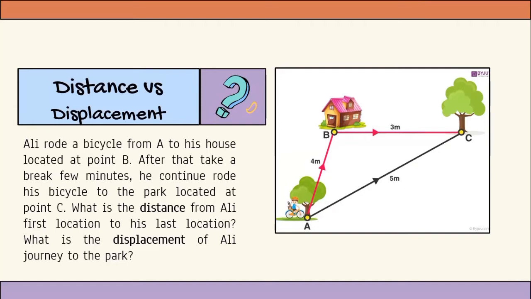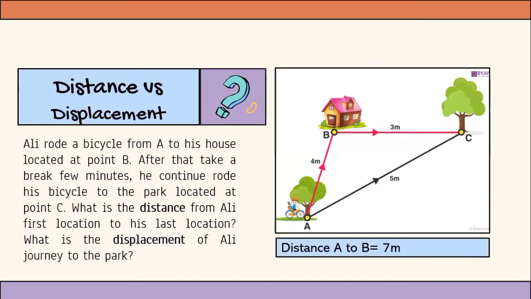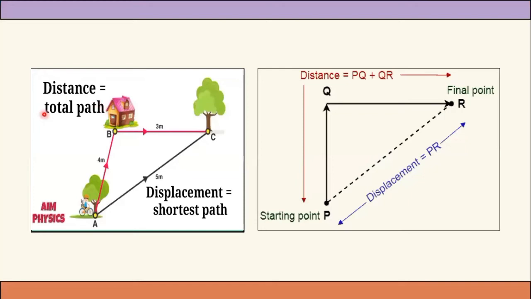A to B, B to C is distance. A to C is displacement. Yes, true. So from this figure, distance is from A to B to C, and displacement is from A to C. Distance is the total path.